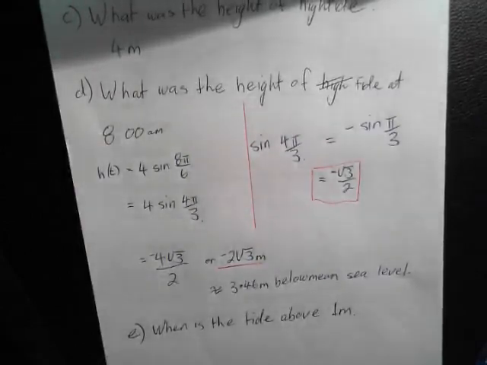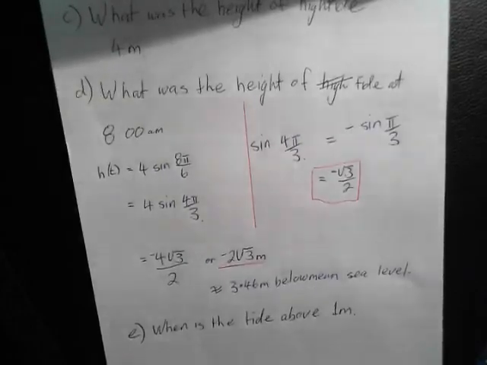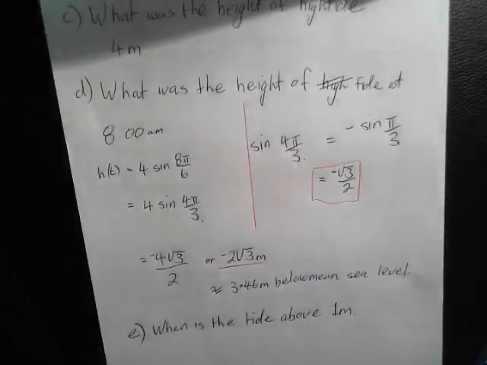Now, the last question in the worked example. This is the tricky one. It's always the way. I've just grabbed my book because I want to read the question as it's written. It says, a boat can only cross the harbour bar when the tide is at least 1 metre above mean sea level. When could the boat cross the harbour bar on the 1st of January?